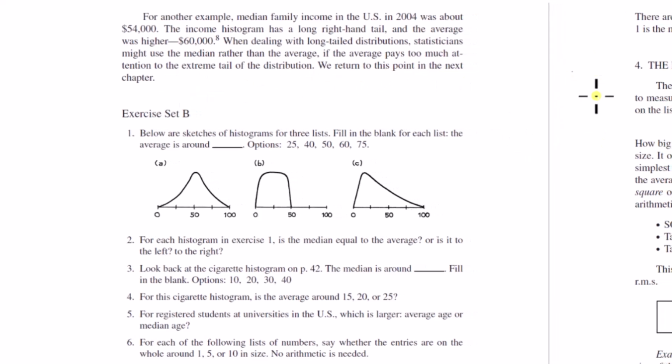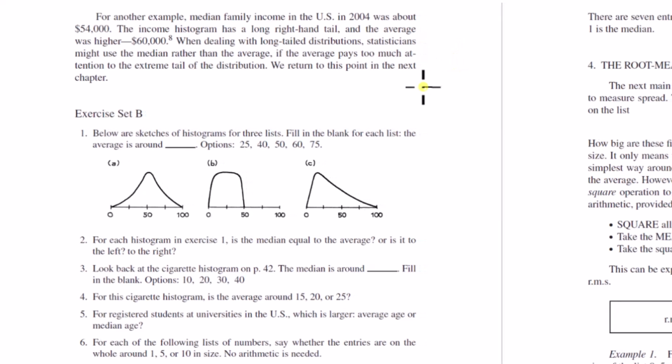So what they're saying here is that the income histogram in the 2004 study has a long right-hand tail. Why is that? Okay, your poverty level is over here and the wealthy are over here. There's a smaller number of people that are wealthy, right? The old saying that a small number of people control the wealth.